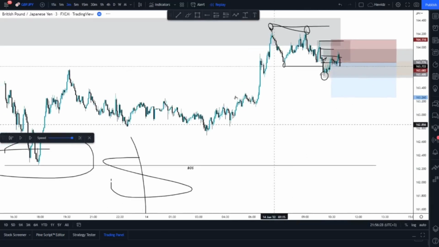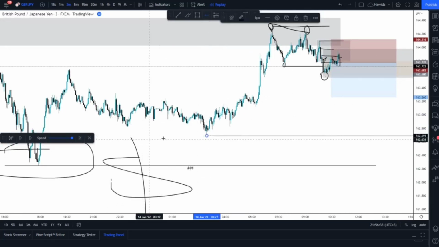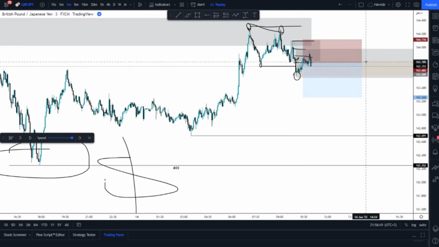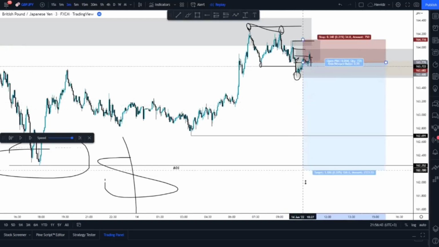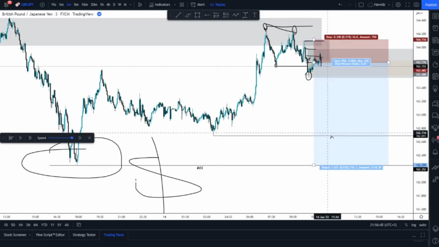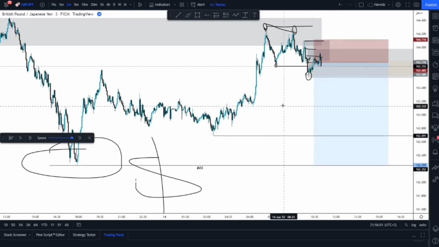Firstly, I was looking at these lows here, this one, to be my first take profit, and then this overall low right here as my second take profit, and then just leave the rest running, right? So usually on my take profit areas, I normally take 40% of the lots that I used.